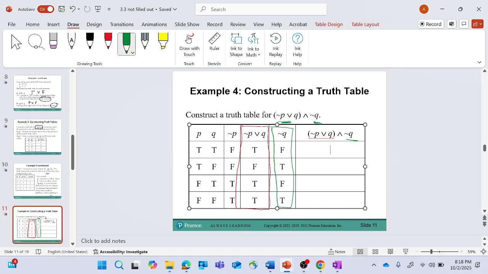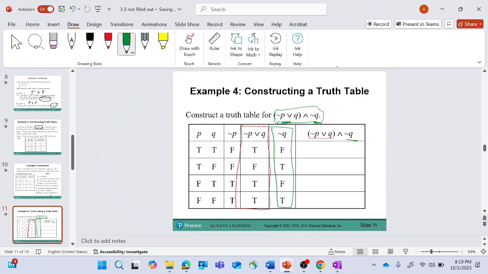Everyone with me? I know these truth tables can be a little confusing to set up at first. The last column is what we ultimately want, right? Because what I want is a truth value for this statement. So this whole table, what we were doing is we were breaking it up because we have P's and Q's, right? So I said, well, let's go ahead and assign P's and Q's to the truth values.